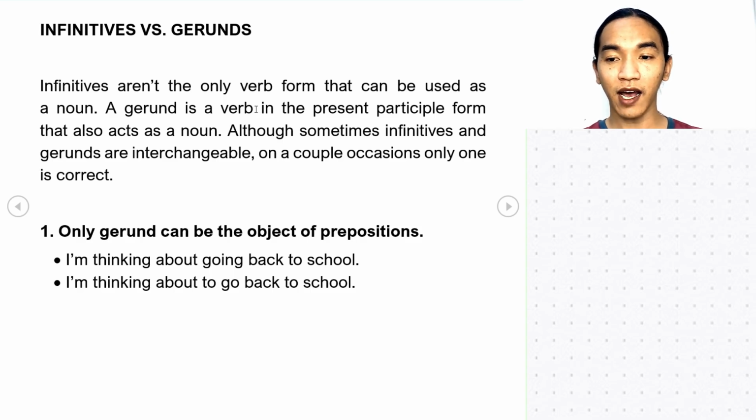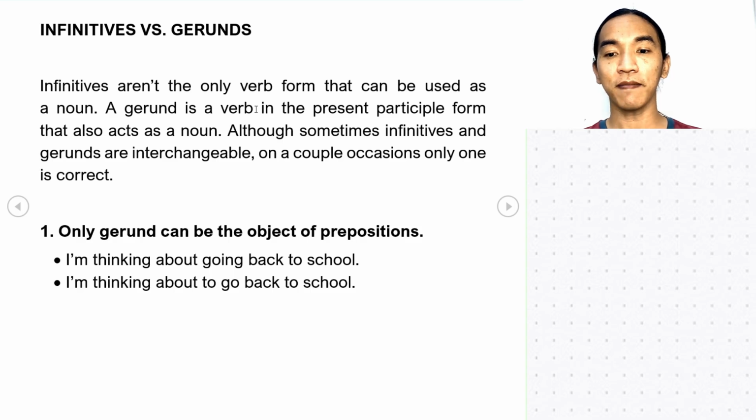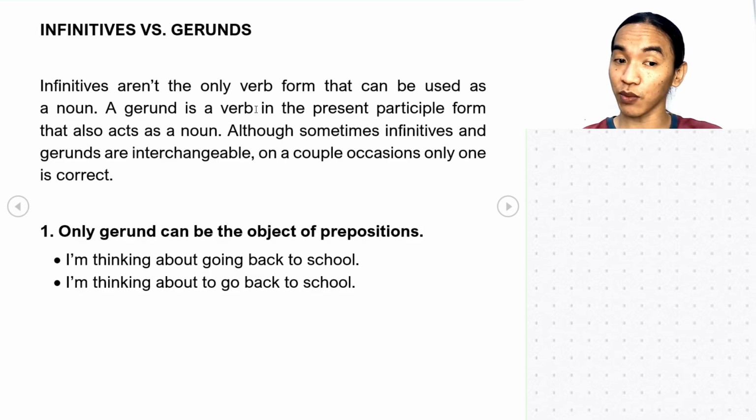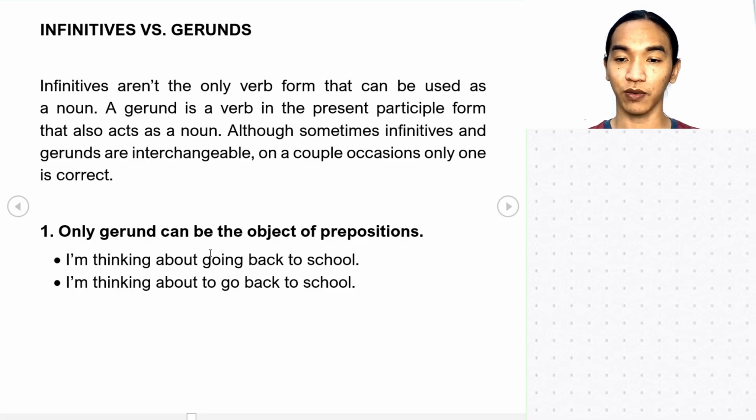So we cannot use an infinitive as an object of the preposition. For example, I'm thinking about going back to school. I'm thinking about to go back to school. As you can see, the first one is correct and the second one is not, because only gerunds can be used as the object of a preposition: thinking about going.